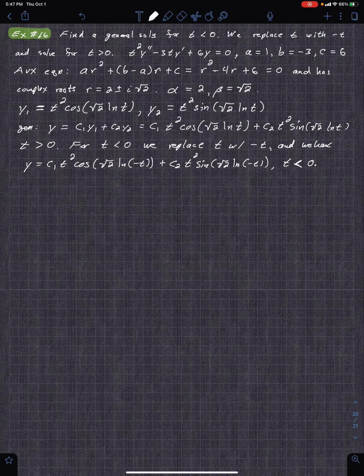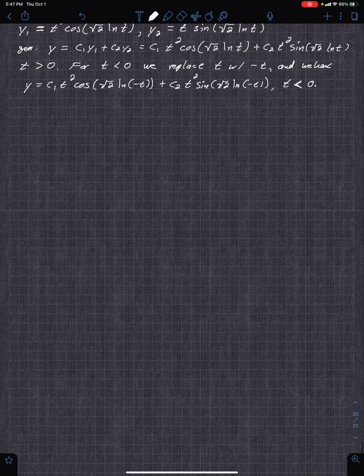Okay. Next, let's do number 20. So this is an initial value problem. So let's solve t squared y double prime plus 7t y prime plus 5y equal to 0.